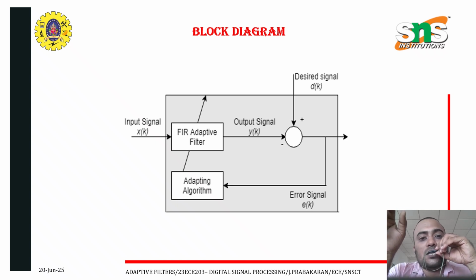In the block diagram, d of k is the desired input signal and y of k is the output signal of a digital filter driven by a reference input signal x of k, and an error signal e of k is the difference between the desired signal and output signal, which means d of k minus y of k.